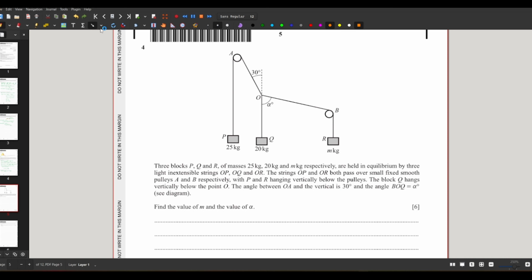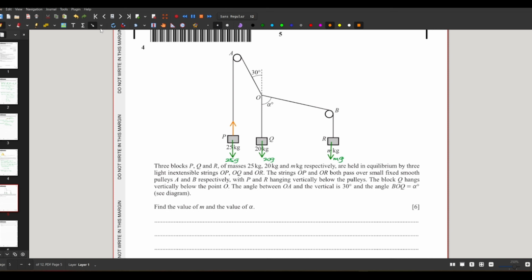First, you can draw the weights of each mass. So we have the weights of each mass here. So this is 25g, this is 20g, and this is mg. And then we have the tension.